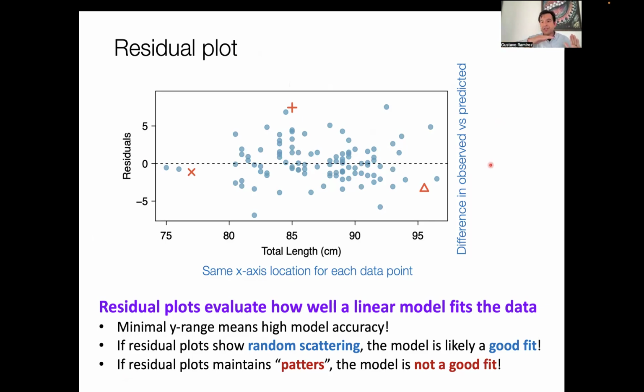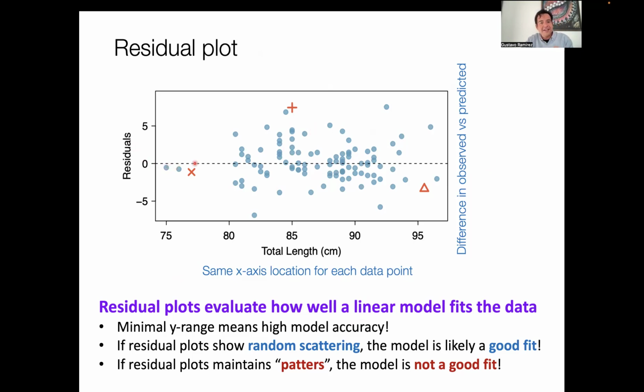You take all your observations and then you calculate the residuals, how off they were model-wise compared to the true observations. A minimal Y range means that all the residuals are pretty close to this 0 point. A zero residual means that there's no difference between a true observation and a predicted observation by the model.